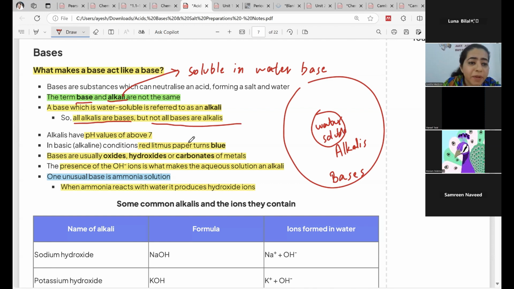Now we can apply the same statement: all alkalis are inside the base circle, but the bases are not inside the alkali circle. Getting the point? Now it will be clear that all the alkalis are bases, but all the bases which are outside this small circle are not alkali, because they are not soluble in water.